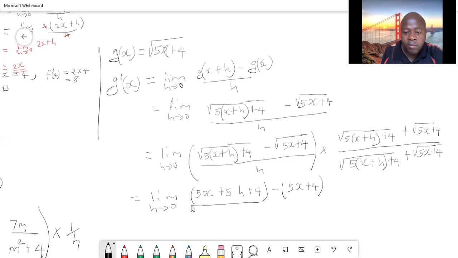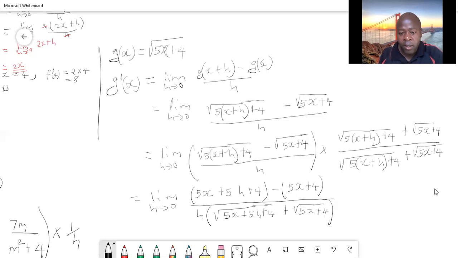There is no need of simplifying the denominator, so let's just leave it the way it is. 5x plus 5h plus 4 under the roots, plus 5x plus 4 under the root, close the bracket.